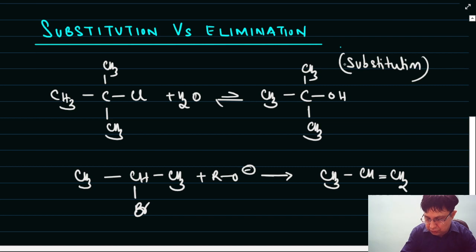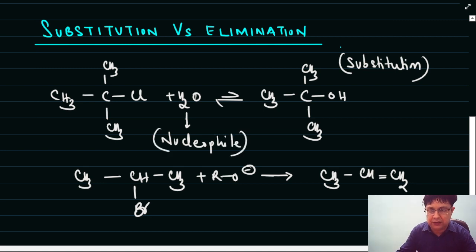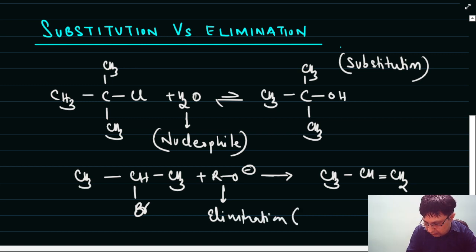In this substitution reaction, H2O is behaving as nucleophile. Whereas the second reaction is an elimination reaction forming an alkene, and RO minus is behaving as a base over here.